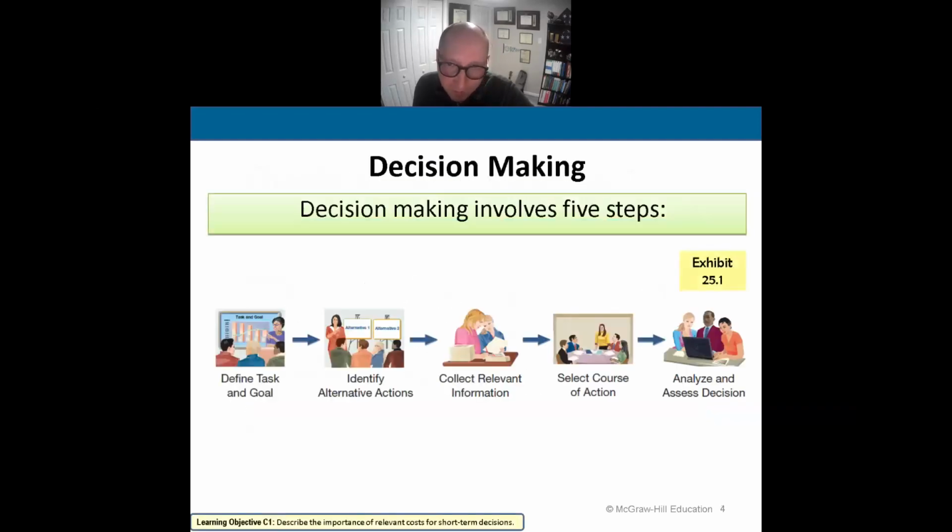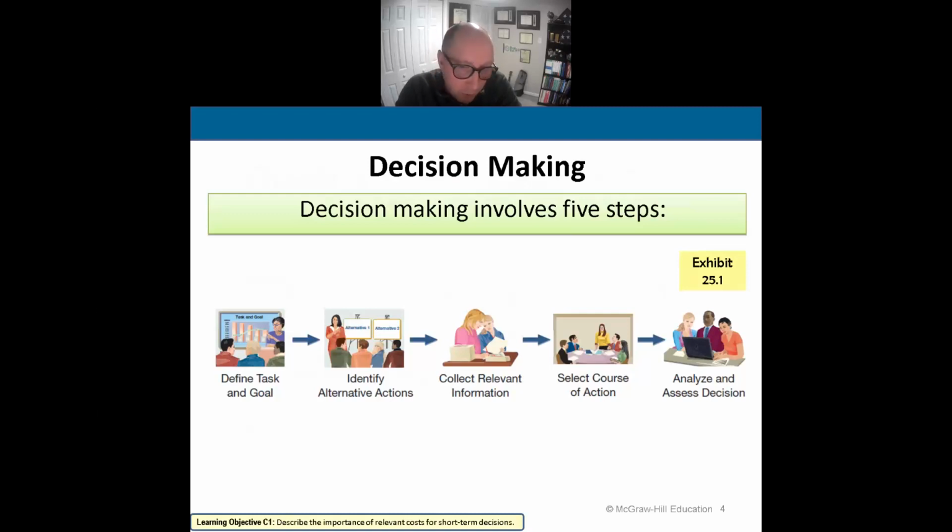And what's the importance of making those decisions? What's the process of making those decisions? Well, you could use this to make any decision, really. First is, what's the goal? Why are you making a decision? The second thing is to identify alternative courses of action.